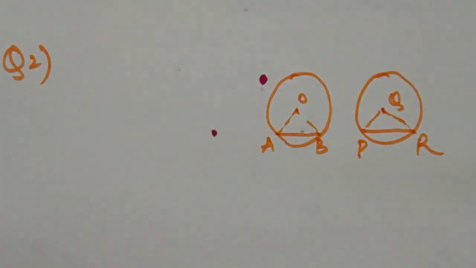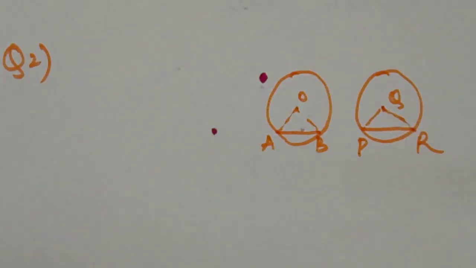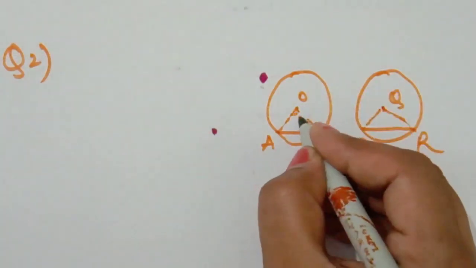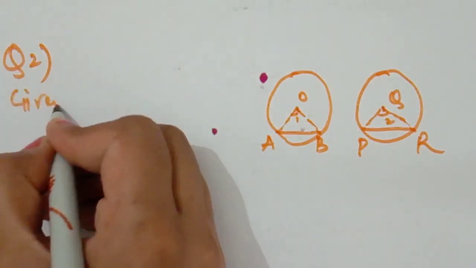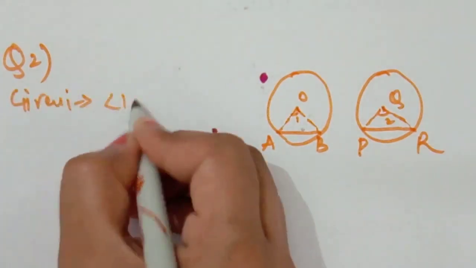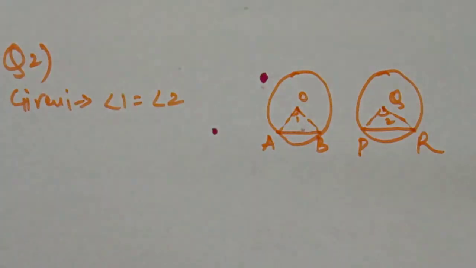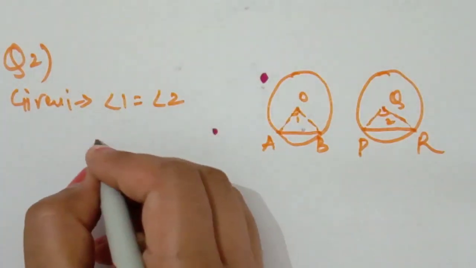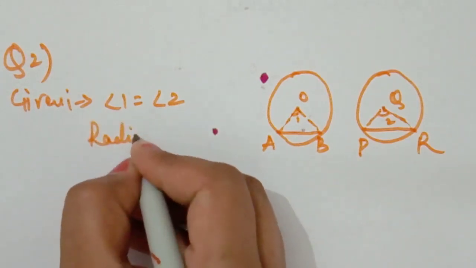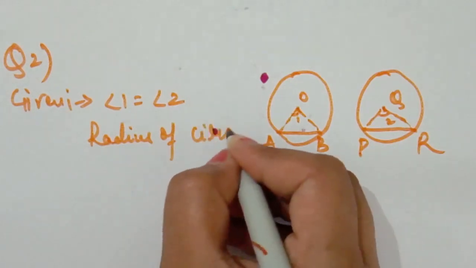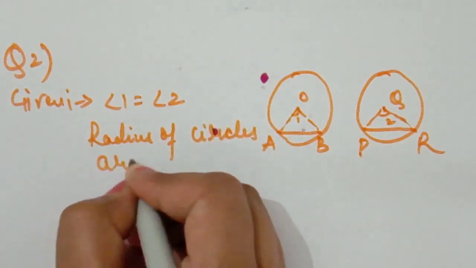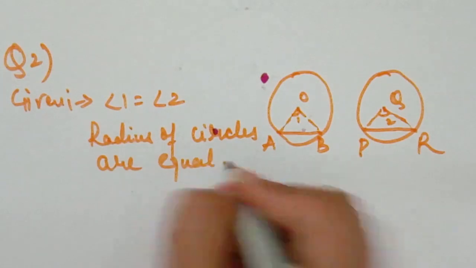In this question, it says chords of congruent circles subtend equal angles at the center. Mark angle 1 and angle 2. So what is given to us? Angle 1 is equal to angle 2. And the circles are congruent, so definitely the radii are also equal.